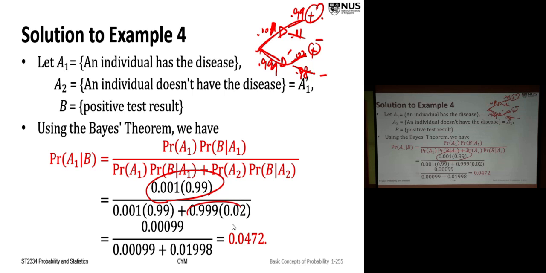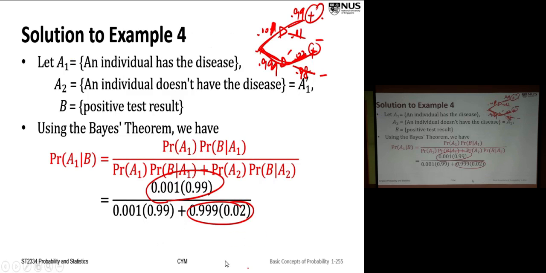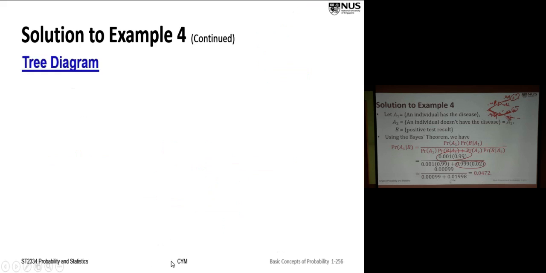Through the second path, this is the probability. So the chance of getting your positive result through the first path is only about 5%. A lot of positive results come from this path: no disease, and the test result shows that you are positive. So you have to be aware of that.